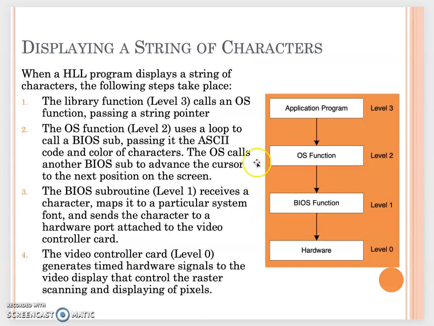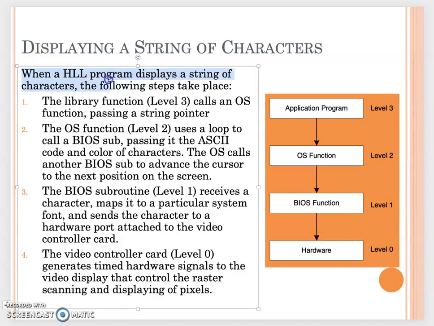So you can see here, if we have an example, when you write a high-level language program, no matter whether it is C++ or Java, you just want to display a string of characters. Actually, a few steps happen. The first thing is your application program in high-level language. You write the statement cout with that string.